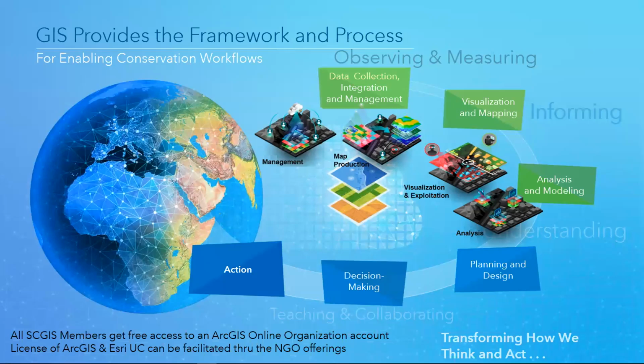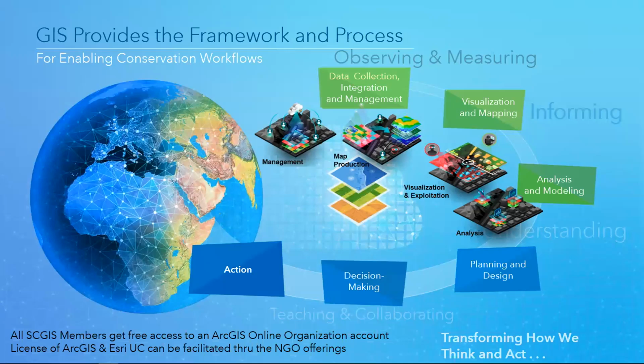Someone has asked, Peter, are all the raster and imagery classification tools available in ArcGIS Pro with the Spatial Analyst extension? Essentially, ArcGIS Pro is the primary desktop application, and it comes in three different levels: basic, standard, and advanced.